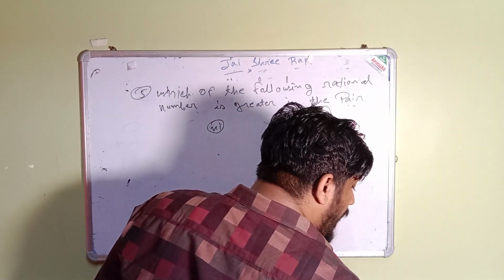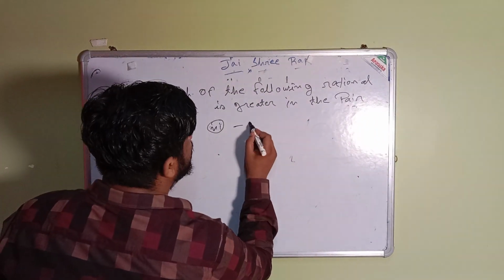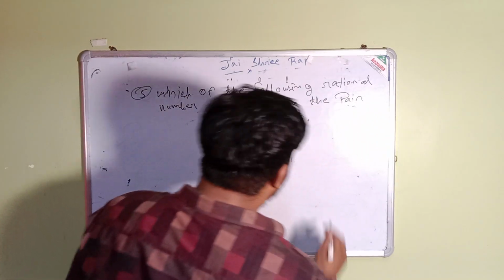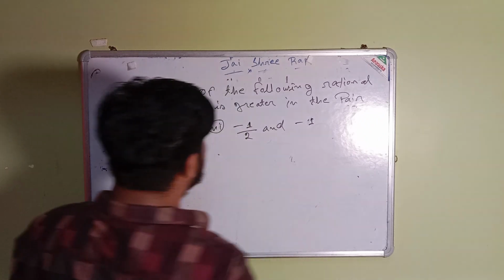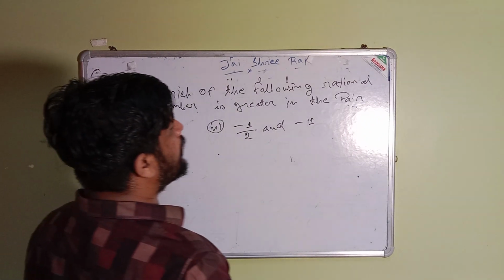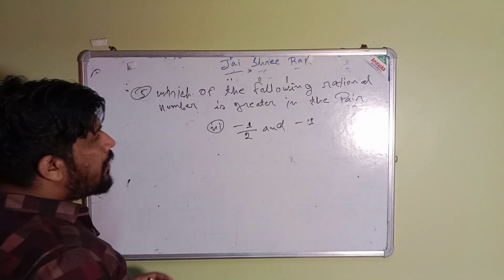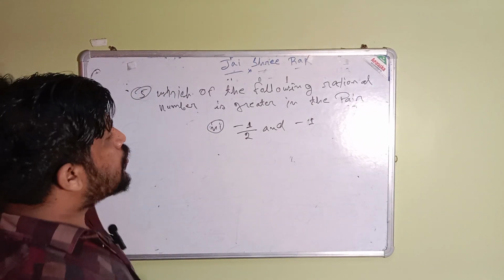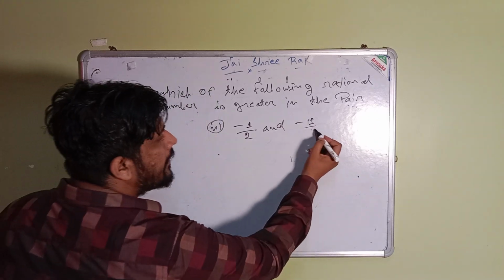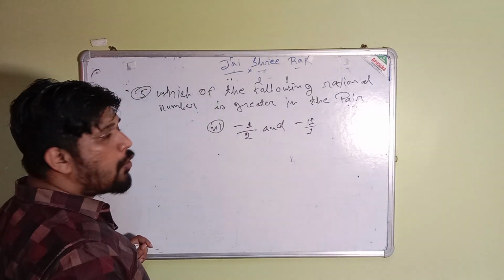The question is minus 1 by 2 and minus 1. How is it possible? In this type of question, here in the denominator there is nothing, which means there is 1.